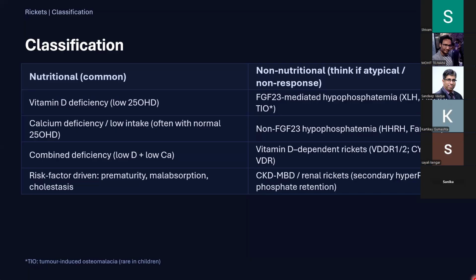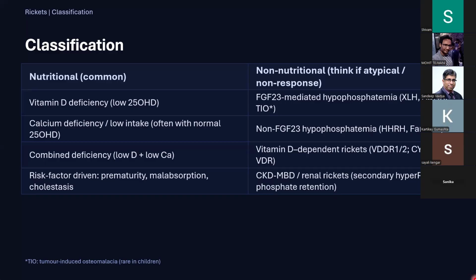It could be a calcium deficiency, in which there is low intake of calcium but a normal level of vitamin D, or it could be a combined deficiency. Also, there could be a risk factor driven deficiency, such as prematurity, malabsorption, or cholestasis, as I mentioned earlier.